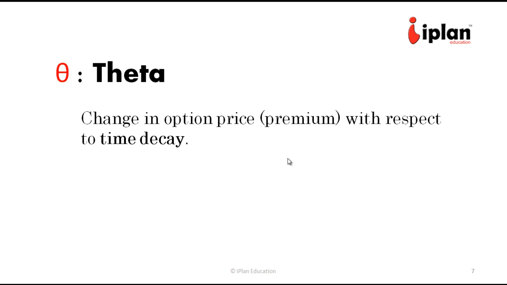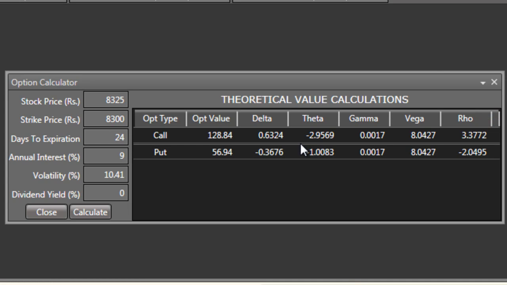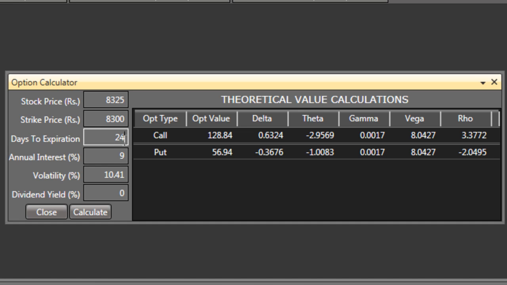Now what is theta? Theta is the change in option price with respect to time. It says the option premium will reduce by 2.9569 if 1 day passes. So let's reduce the days till expiry from 24 to 23 and see how much the option price reduces.